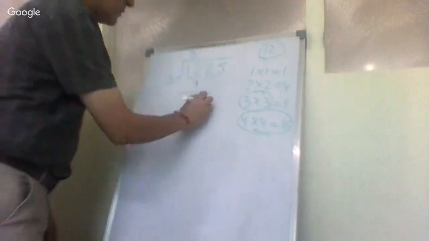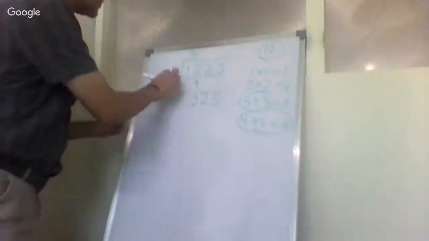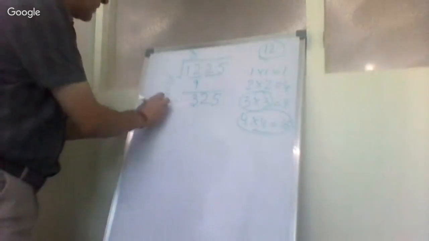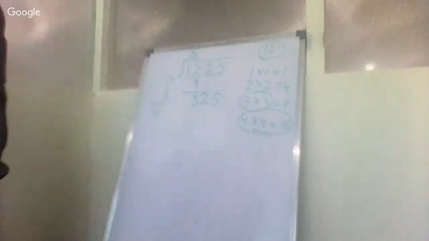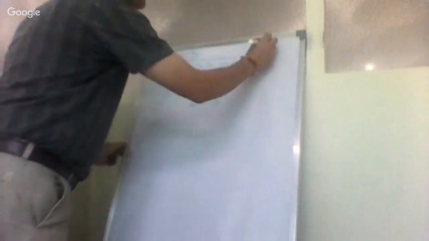In normal division, we bring down one number at a time, but in square root, we bring down two numbers at a time. So this 25 will come over here. Now this 3 we'll write once more and add these two. 3 plus 3 is 6. Is it clear till here? Yes. Now the same process will repeat like we did for the first step. Now the number is 325.